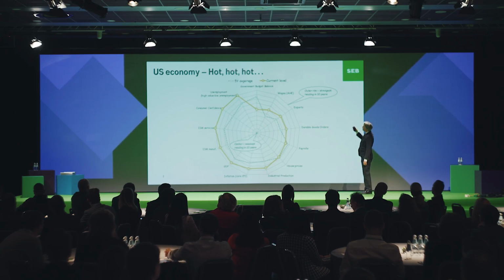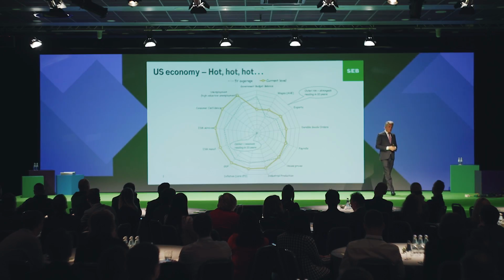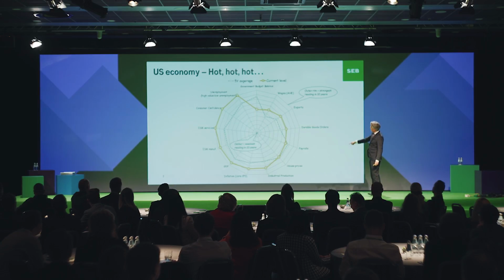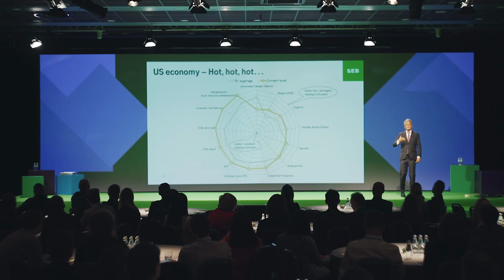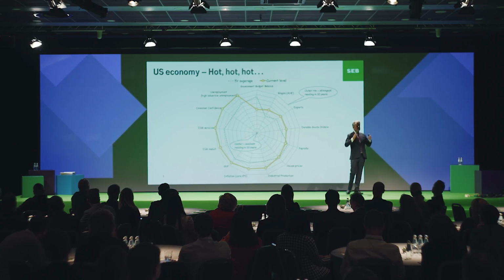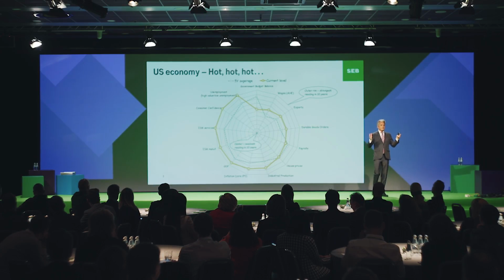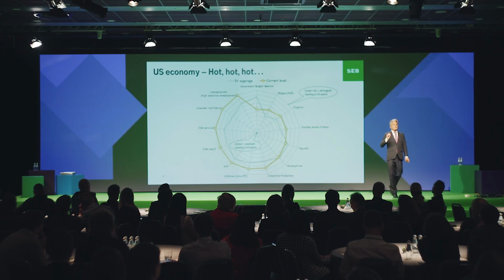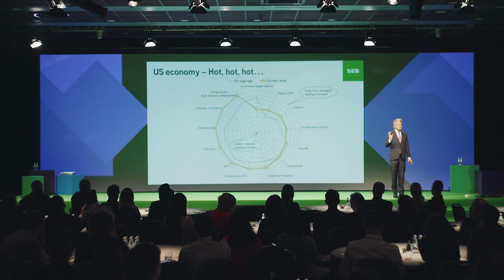So this is a snapshot of how the US economy is doing right now. And the way you should read this chart is that on all these different indicators that each signal something about the state of the US economy, you should read the diagram from the center out to the rim. You have 10 years' worth of data for each indicator. And if you are the orange line on the rim, that means that indicator is now signaling the strongest positive momentum it has in 10 years.